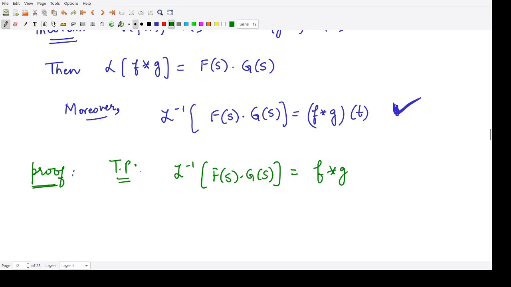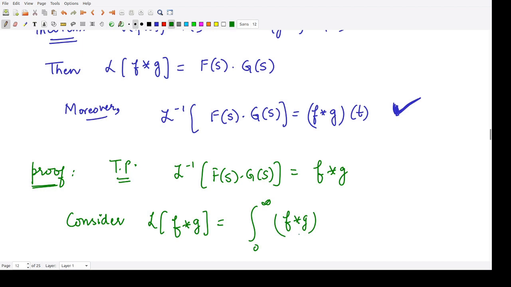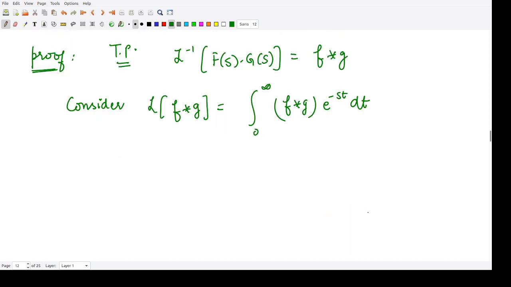So firstly, we'll consider the Laplace transform of f star g. What would this be? This would be the integration from 0 to infinity of f star g as such, and then e to the power minus st dt. So now we can apply the definition of f star g.